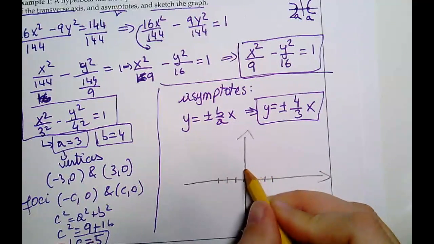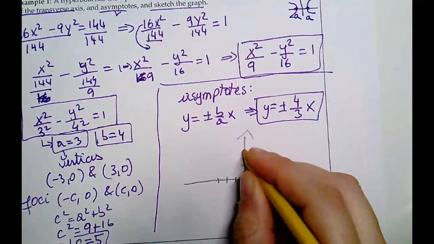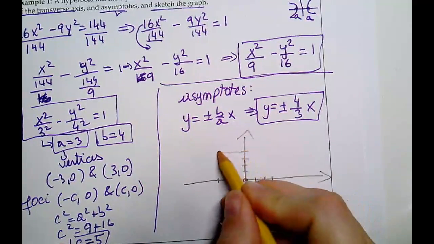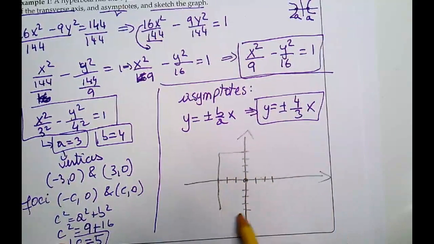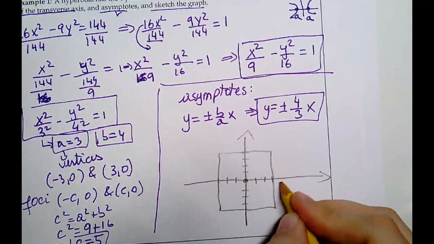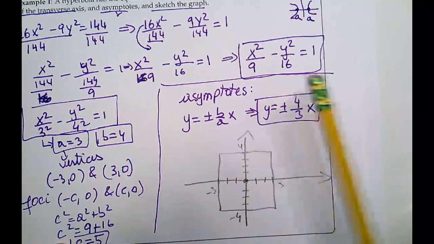And then b is 4. So I'm going to have 1, 2, 3, 4, 1, 2, 3, 4. So I'm going to draw this rectangle, which is the central box. This is 3, -3, 4, -4.